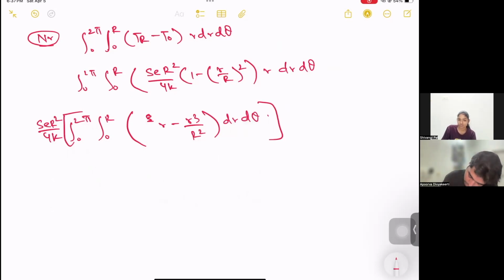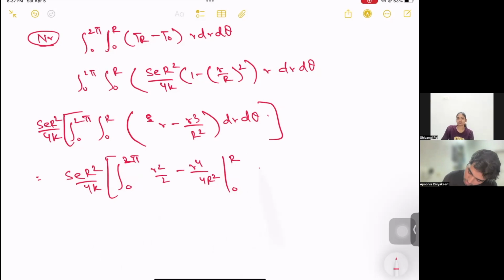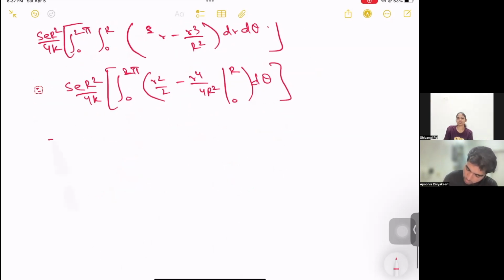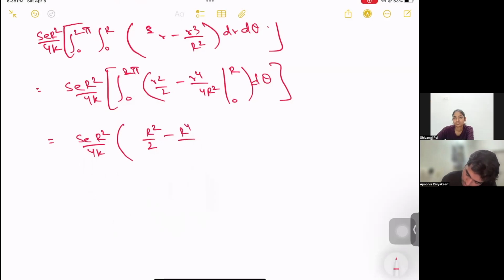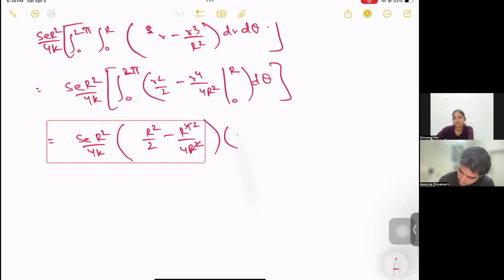Now doing the integration, it will be S E R square by 4k, integral 0 to 2 pi, of r square by 2 minus r to the power 4 by 4R square, with limits from 0 to R, into d theta. So this will be S E R square by 4k into R square by 2 minus R to the power 4 by 4R square, where R square gets cancelled, into the integration of theta, which is simply 2 pi minus 0.